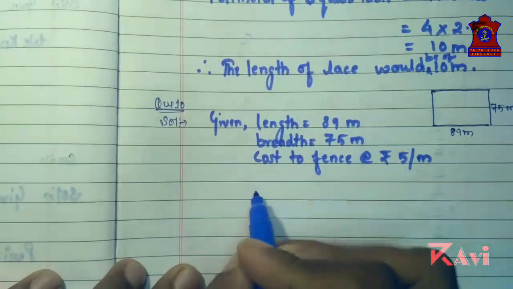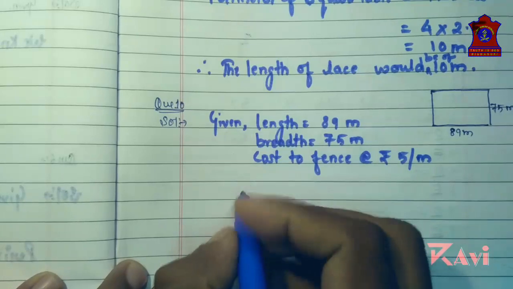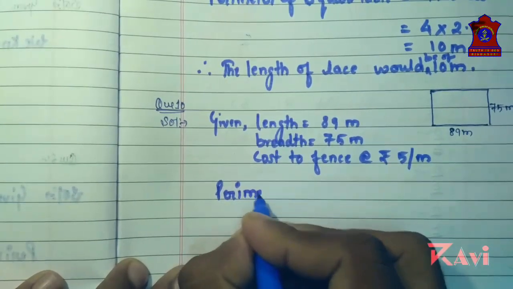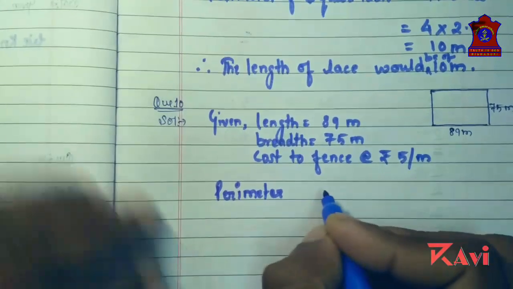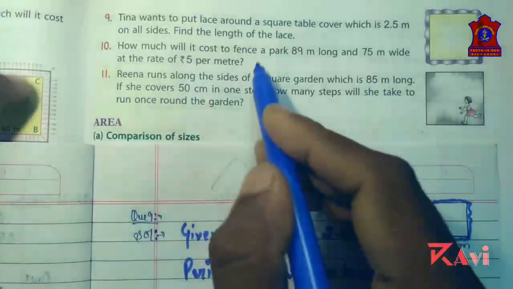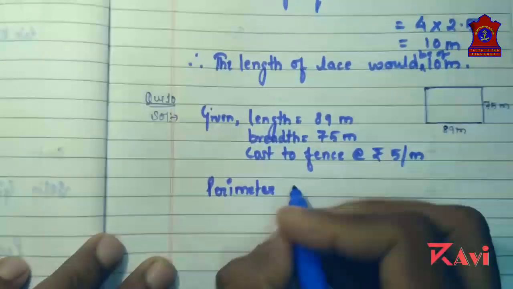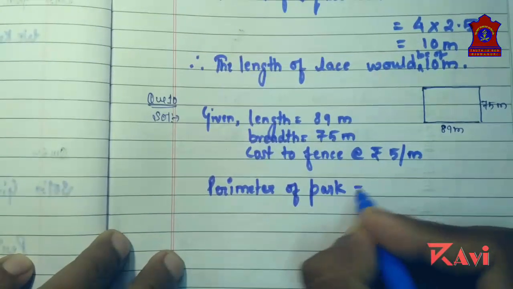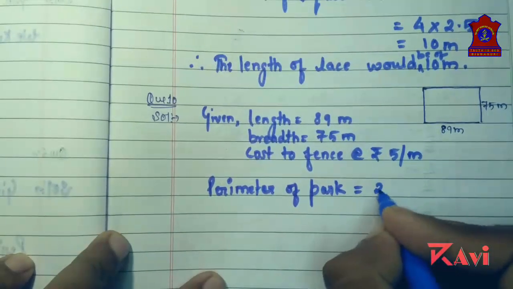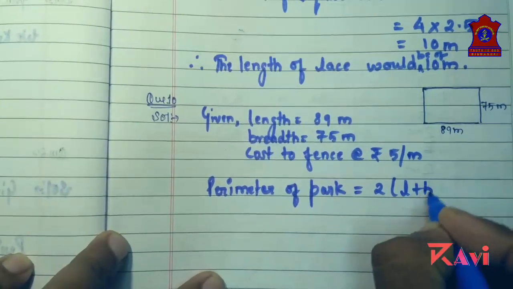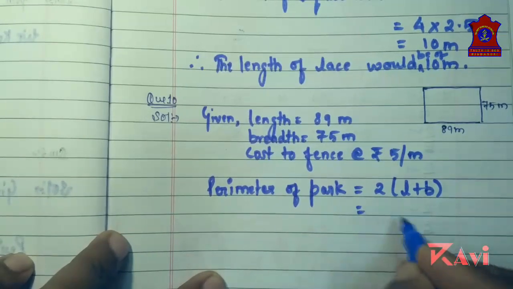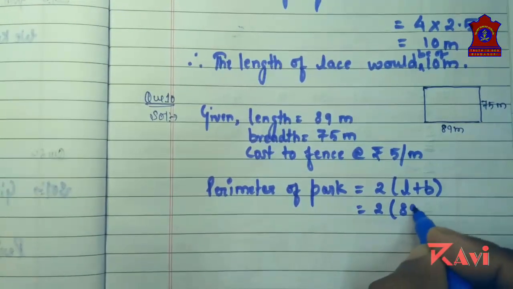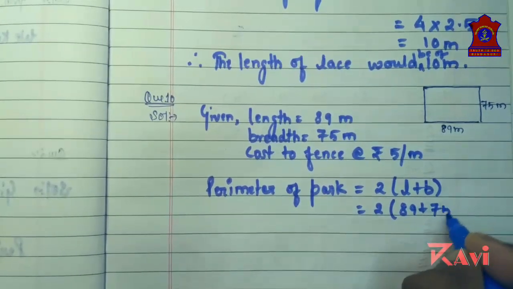Now what we need to find? First find out the perimeter of the park. Perimeter of park equals to 2 into length plus breadth. It is a rectangular park, so 2 into, what is the length given here? 89 plus breadth is 75. Clear?